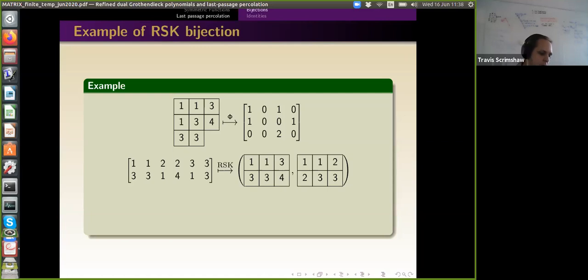For this purpose, I'm going to read my matrix in a non-standard way, from bottom to top. And so this 2 will correspond to these biletters here. And then you can work out the rest. It ends up being this biword, which when you do RSK, maps over to here.